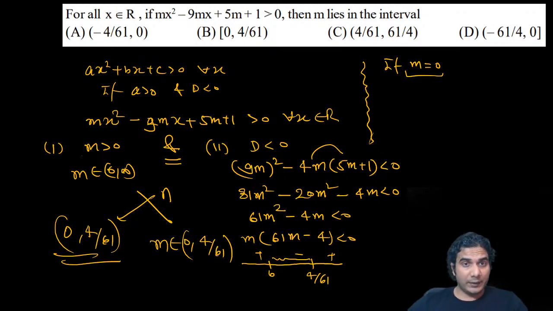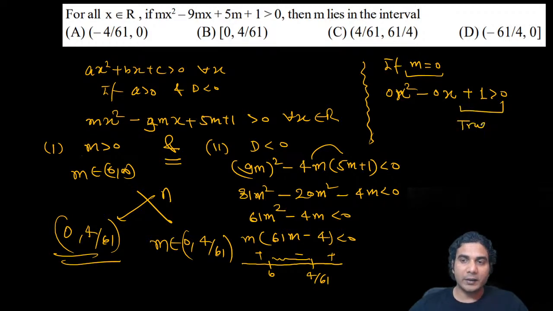But sometimes it happens that the coefficient of x square and the coefficient of x become 0 simultaneously and the constant term is positive, then also it will be positive always, right? So that is the case happening here. If m is 0, then you can see this is 0 into x square minus 0 into x plus 1 is greater than 0. Yes, it is true always, right? True always.